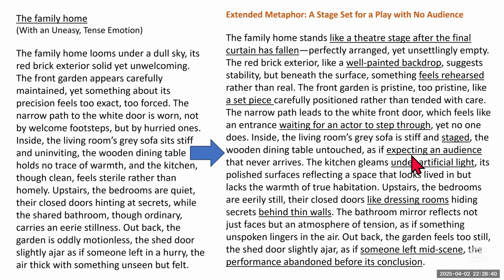So as you can see, if you can include emotion in your writing, you will have a much better piece of writing. If you can include an extended metaphor to bring out the emotion, it is even more advanced. So for now, try this. Once you have mastered this, you can try and include an extended metaphor as well.